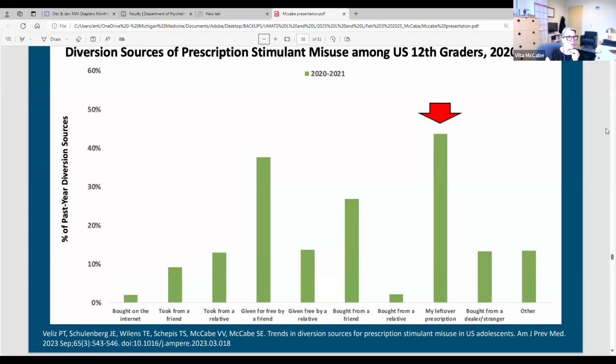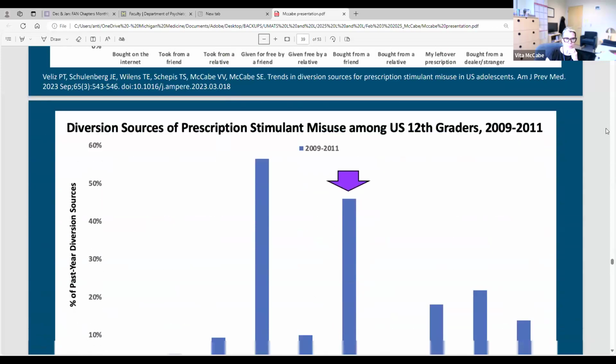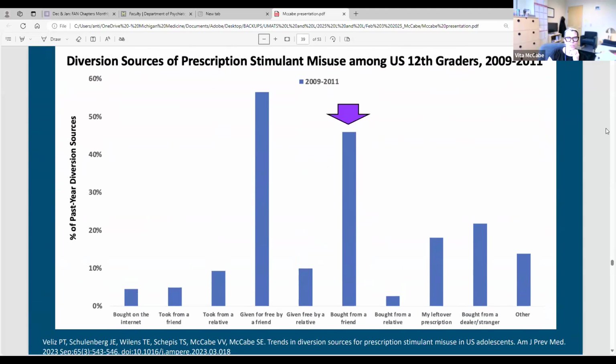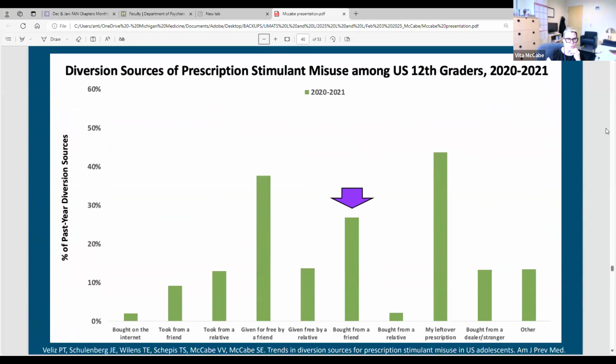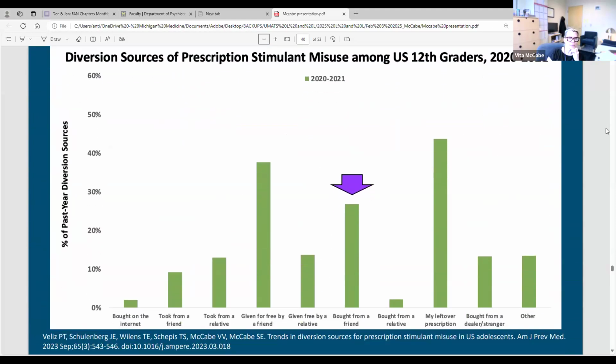Over COVID, though, it changed to not from peers, but using one's own leftover prescription that they still had stored. Next slide. The second most common pre-COVID was buying it from a friend, and this transitioned into a significant decline during COVID because there was no access to friends.